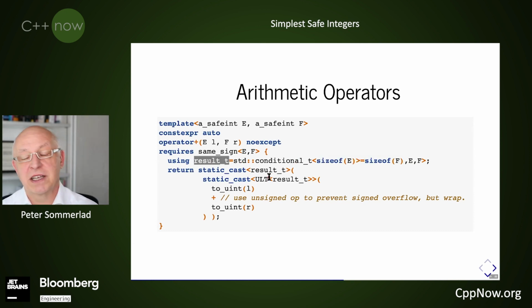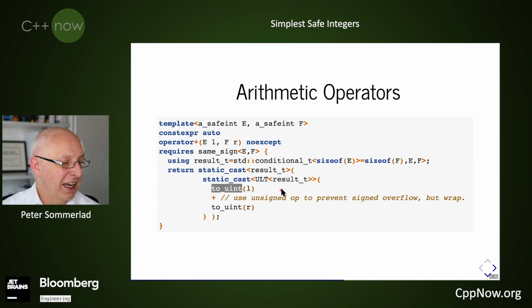And to actually ensure that the operation is done as unsigned, I have a conversion function, uIn, that works like toIn, but unconditionally always promotes to an unsigned type, and that ensures that the plus operation is actually the built-in plus operation for unsigned, which will have the modulo semantics and will wrap. So you might get the wrong results on overflow, but you will never get undefined behavior here.